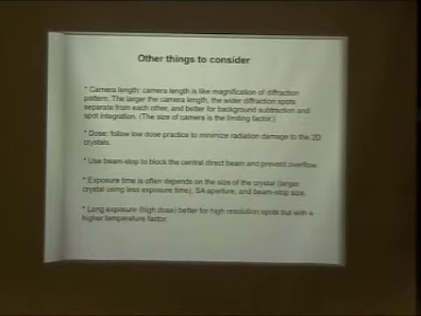But on the other hand, if you have a very large crystal, you can use a very large selective aperture, and many beams can pass through. Then you have a problem of overflow of your central beam, because you cannot expose that long, so you have to reduce the exposure time to prevent the overflow. So I always thought that it would be nice to have beam stops of different sizes, depending on your crystal.